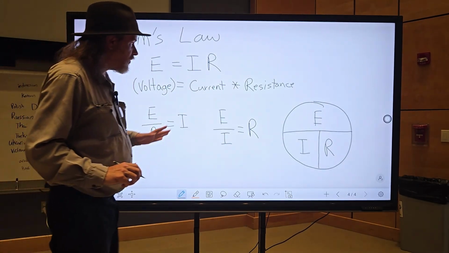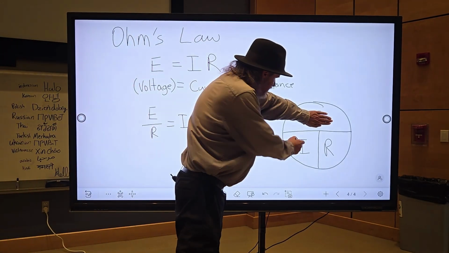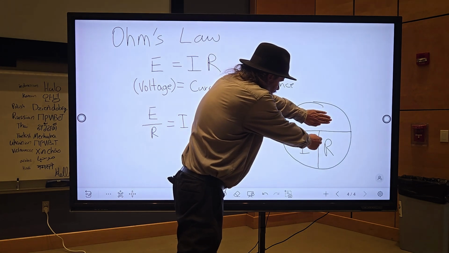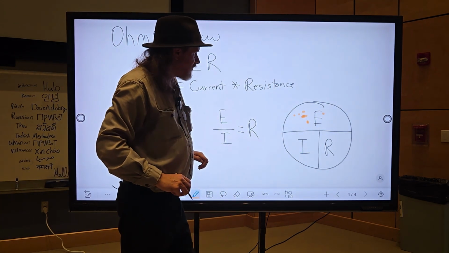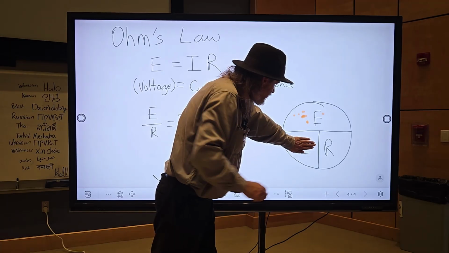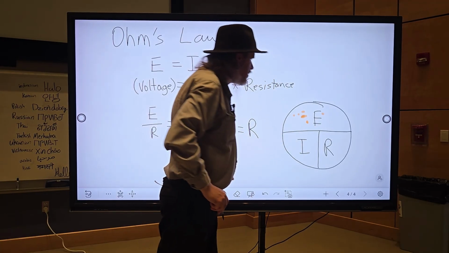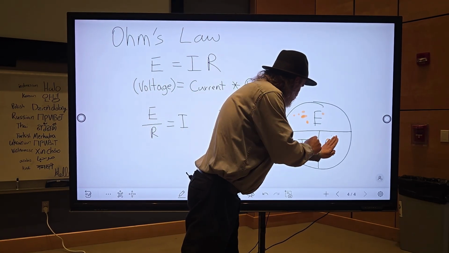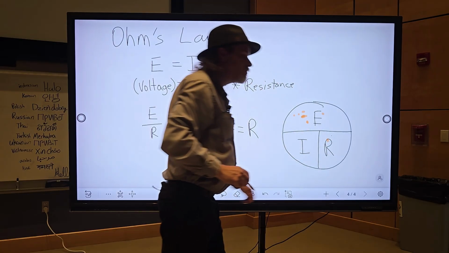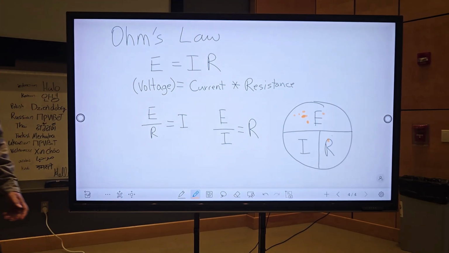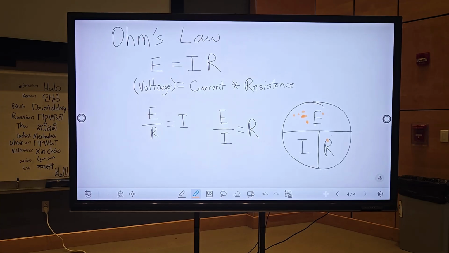So if you want to solve for voltage, it's E equals I times R. If you want to solve for I, it's E over R. Solve for R, it's E over I. So that's an easy way to remember the relationship between voltage, current, and resistance.